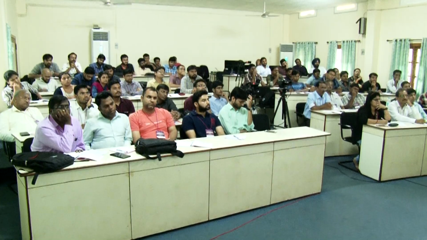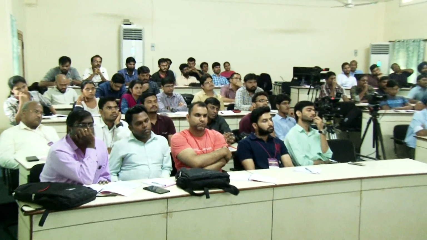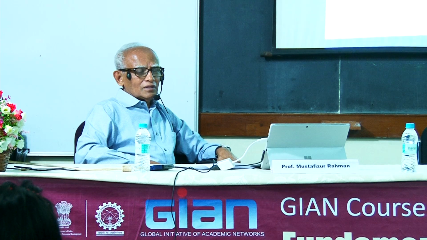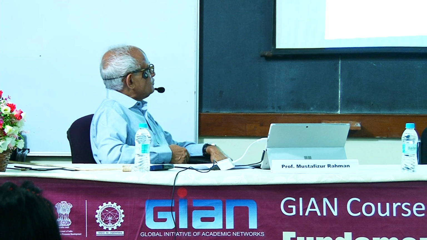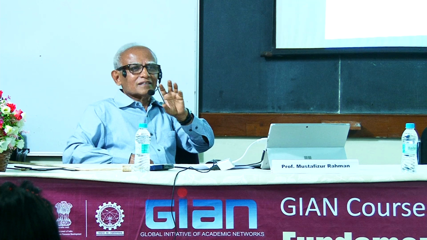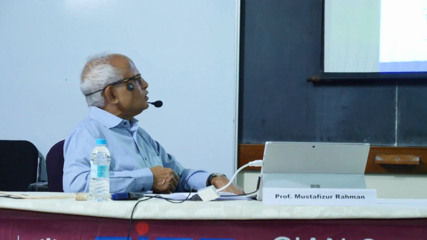But if the crack generated does not go very deep, it remains here somewhere, then you are safe. In milling you can control this, here they could not control. So that way he found that there is a critical chip thickness, a critical feed rate, and again nose radius comes into the picture. I'll show you an elaborate picture. So that is the thing.